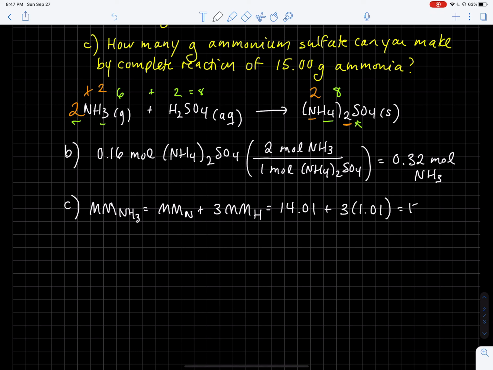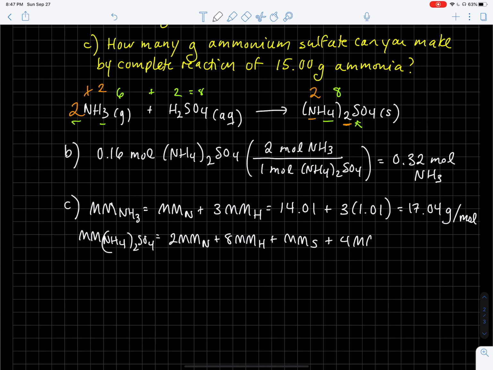So the molar mass of ammonia is 17.04 grams per mole. The molar mass of ammonium sulfate, you have to remember that 2 outside the parentheses, so it's 2 times the molar mass of nitrogen plus 8 times the molar mass of hydrogen plus the molar mass of sulfur plus 4 times the molar mass of oxygen.